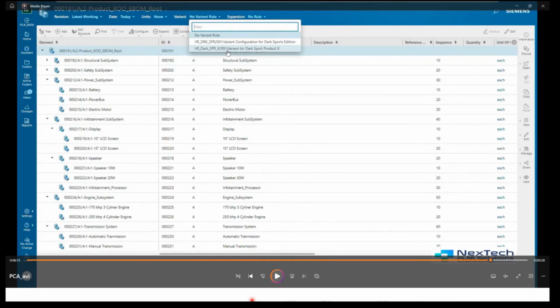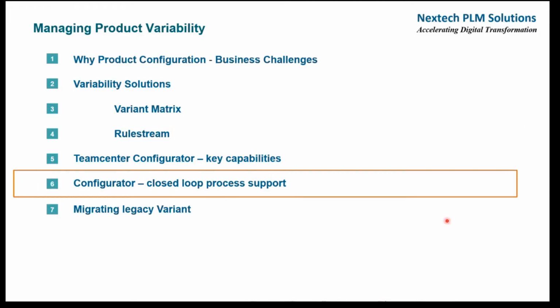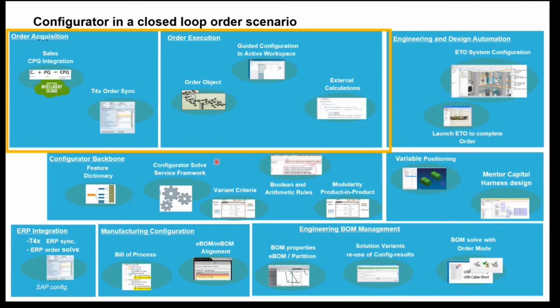So again, coming back to our slide. At a higher level, in the big picture, this is how the configurator can be used. Let's say you have a sales CPQ system.